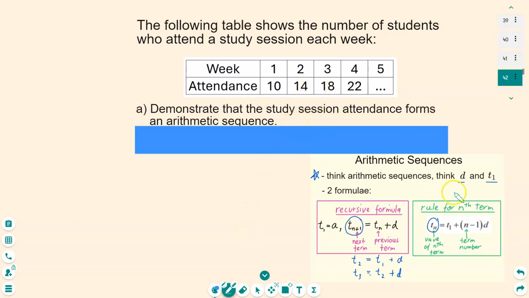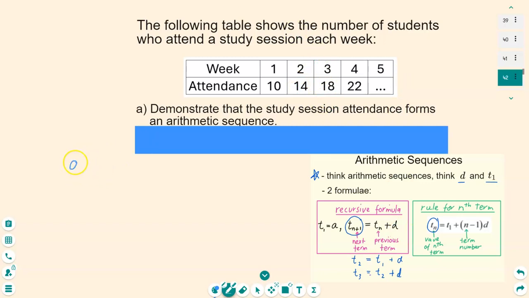So this is what's locked in our mind about arithmetic sequences. In order to define an arithmetic sequence, we need two things: a first value and a common difference. So let's check it out. What is the first value?